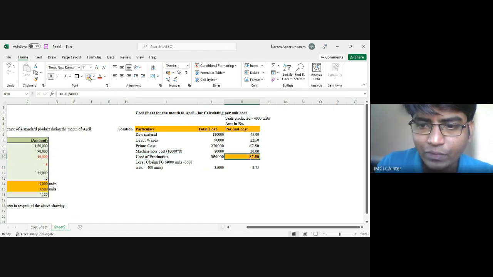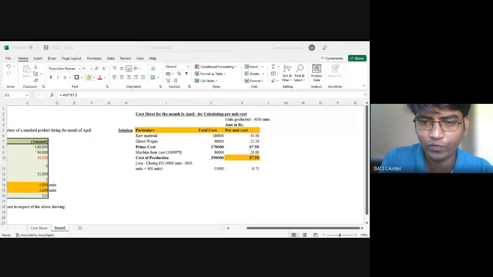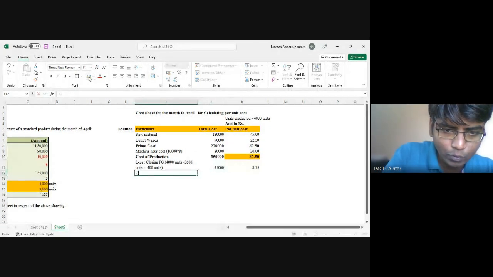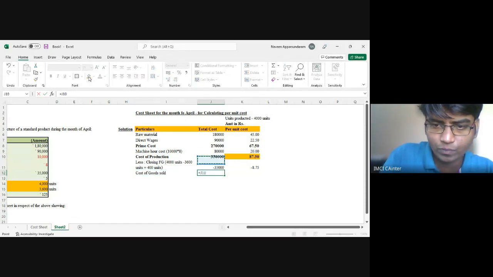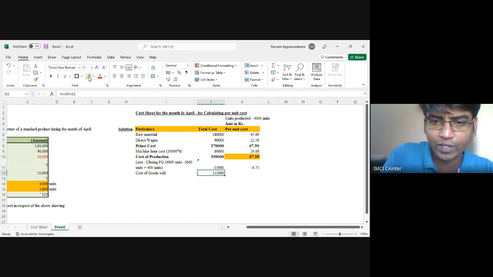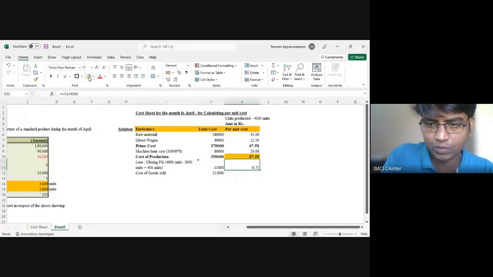So this is the cost we need to infer for the calculation of cost of production, 87.50. So 400 units into 87.50 minus 35,000. So cost of goods sold, I'm reducing it, it is 3,15,000.